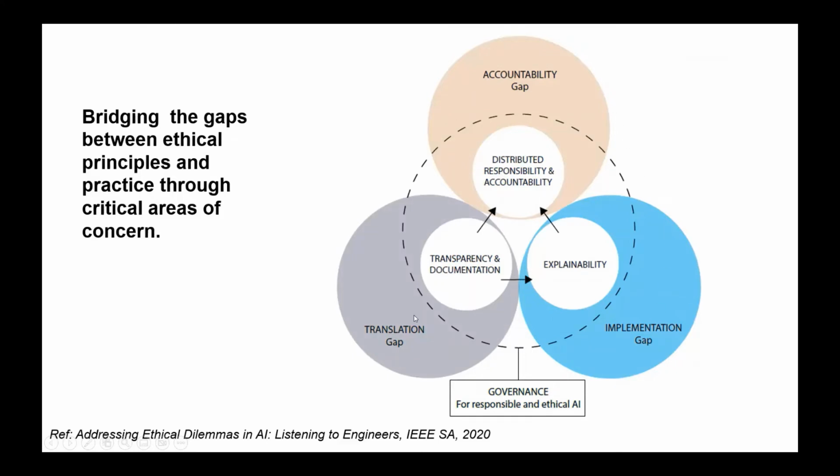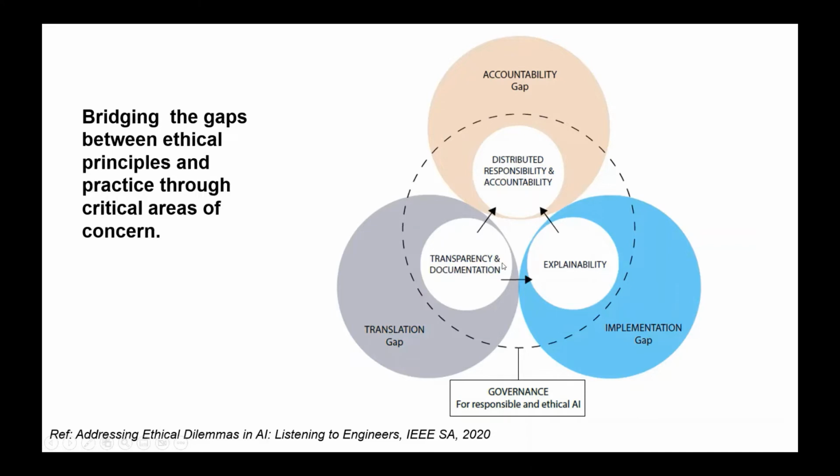If these things can be governed by some policies and procedures, we can have better ethical AI models. So distributed responsibility and accountability will reduce the gap.